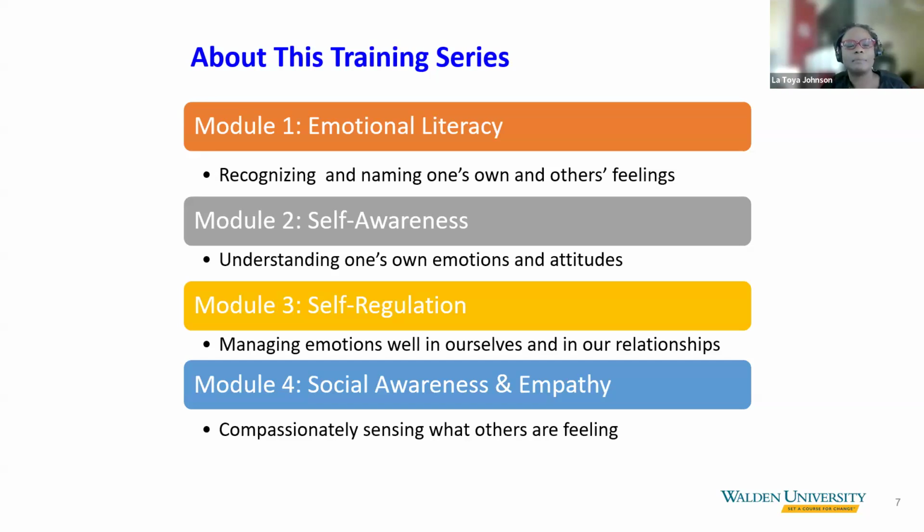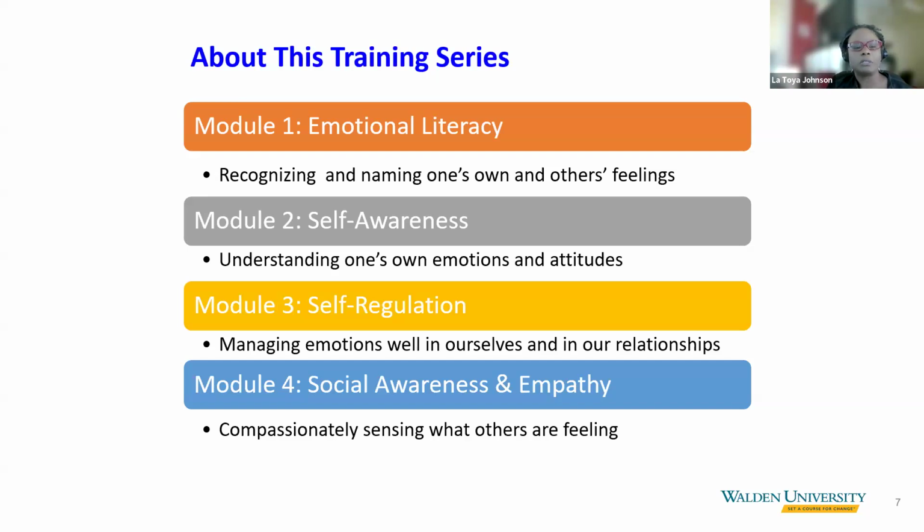So the series that we're doing obviously is on emotional intelligence. And today we're going to be discussing emotional literacy. And then every Thursday for the next 3 Thursdays after this, we will be doing module 2 on self-awareness and module 3, self-regulation. And then we'll wrap it up with social awareness and empathy.